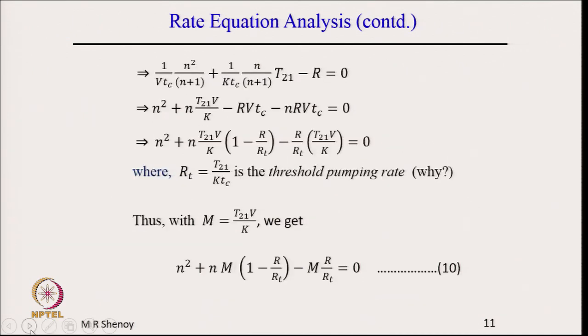We further simplify this, very simple algebra, all the steps are written here. You put this equal to 0, multiply the whole expression by this denominator, then we have n square plus n into this term, and further you put them together in this form where RT is equal to T21 by kTc, the threshold pumping rate.